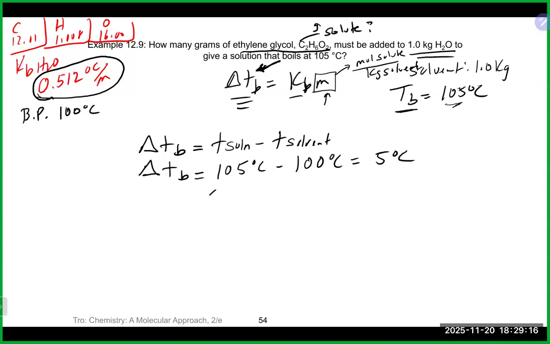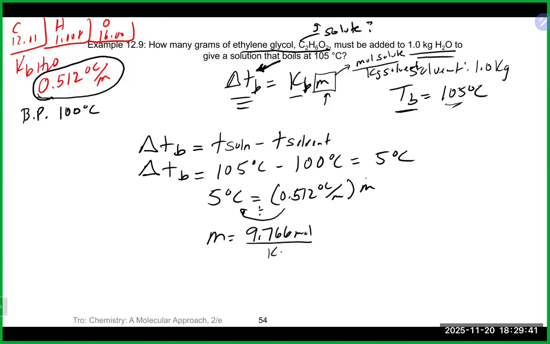That would then give us 5 degrees Celsius is equal to our 0.512 degrees Celsius per molal times our molality. Once again, dividing to the other side is going to give us a molality equal to 5 divided by 0.512, which looks like 9.766 moles per kilogram of solvent.